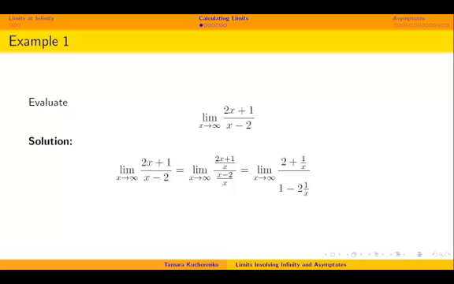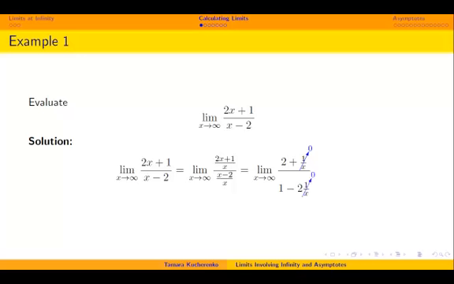We use limit laws and evaluate the limit of each term. 2 is a constant, so it does not change. 1 over x tends to 0 as x approaches infinity. In the denominator, 1 is again a constant, and 1 over x tends to 0.